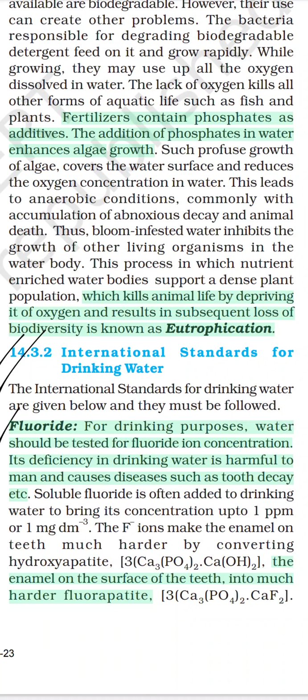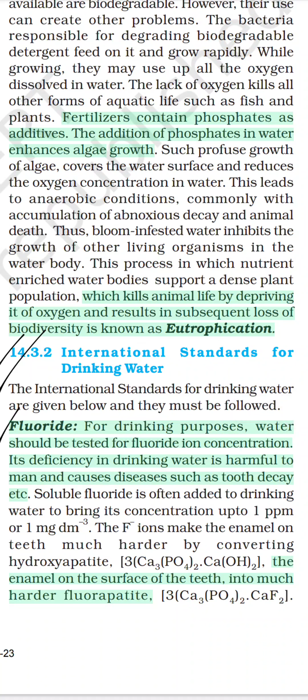Its deficiency in drinking water is harmful to man and causes diseases such as tooth decay. Soluble fluoride is often added to drinking water to bring its concentration up to 1 ppm or 1 mg dm-3.